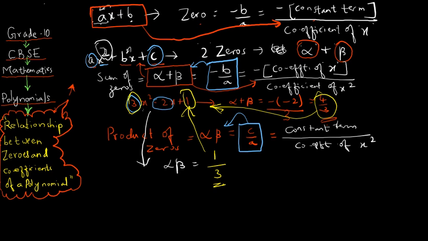Next comes the cubic. So let's see how we can identify the sum of roots or zeros and product of zeros for a cubic polynomial. Let me first consider a cubic polynomial in general form.